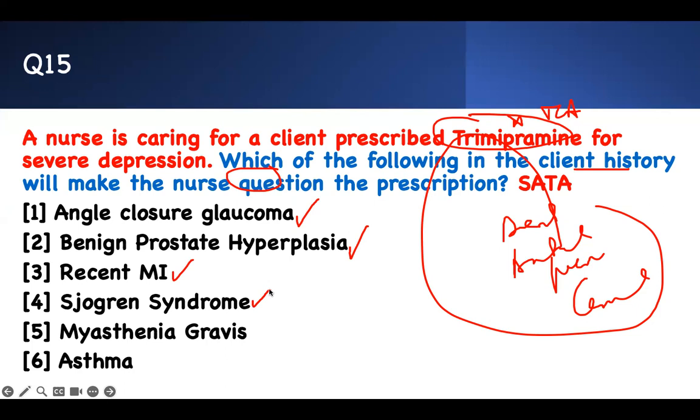How about myasthenia gravis? Do you want to give an anticholinergic to a myasthenia gravis patient? No. Myasthenia gravis needs the cholinergic effect so that they can function. When you give them an anticholinergic, they cannot function. That's why when they go into crisis, you give them what? Atropine, which is anticholinergic. So now they are not in crisis.